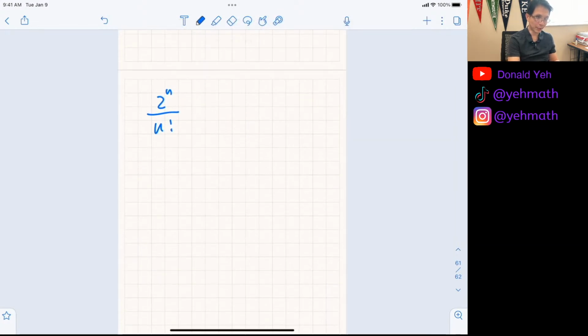So we compare a to the n is less than, no, actually a to the n is greater than a to the n plus 1. So this is how you prove decreasing. Does this make sense?